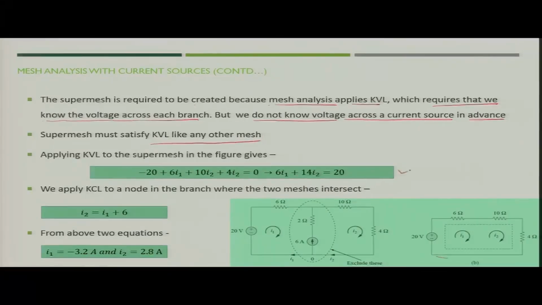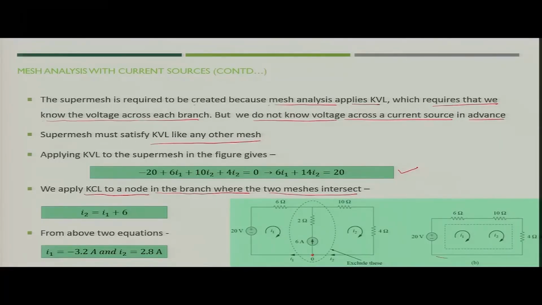Now, you have got one equation using the super mesh, but since we have two variables, we need more than one equation to solve it. How will we get the second equation? We will get it with the help of Kirchhoff current law, which we will apply to a node where two meshes intersect. That means we will apply it at this particular point.